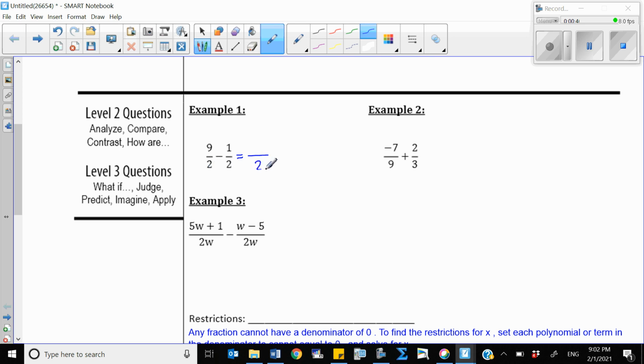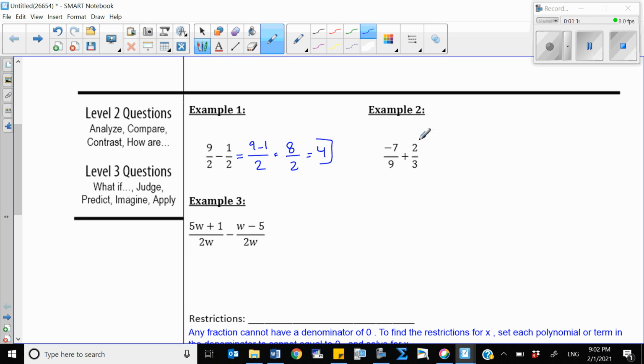So it's 2. And the top of the fraction is going to be 9 minus 1. So whatever operation you have here is going to be applied to the numerators. So this will be 9 minus 1, 8 over 2, which you can simplify as 8 divided by 2 is 4. So this is the answer.